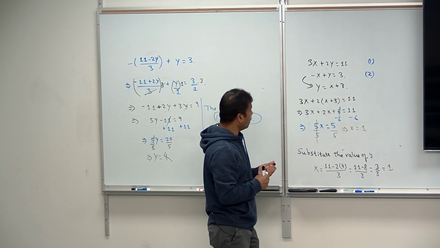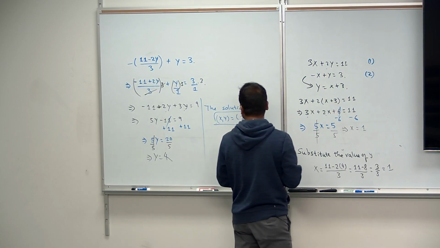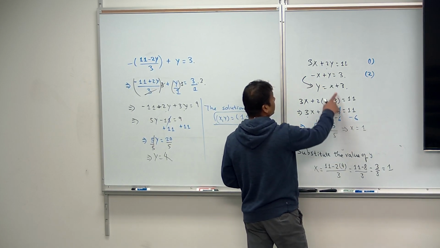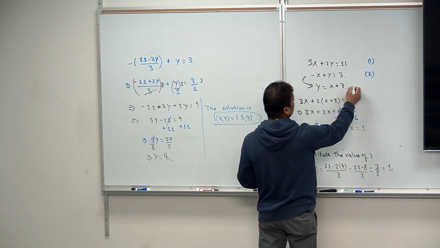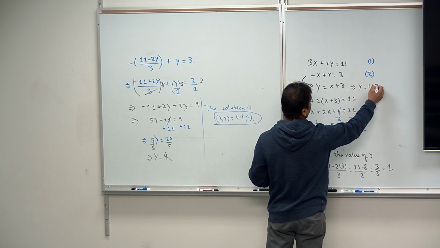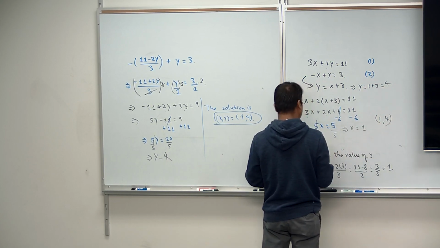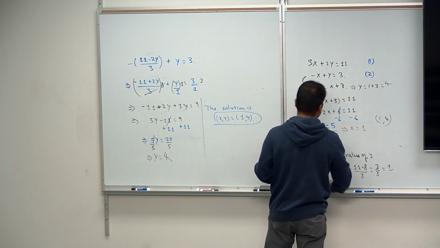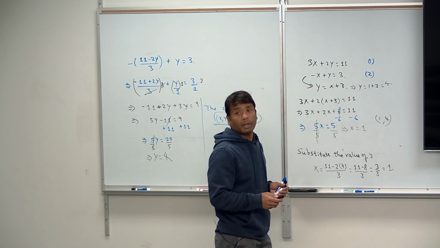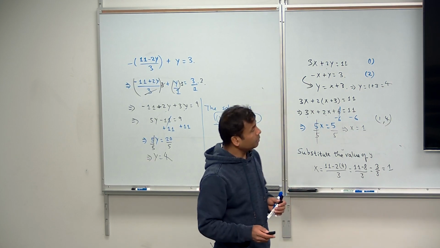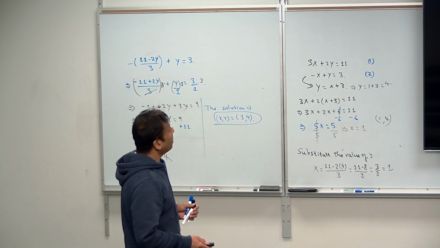That will give you x equal to 1. And then if you plug in the value of x here, y is 1 plus 3 equal to 4. So the solution is 1 comma 4. So this is called the substitution method. Okay, guys?